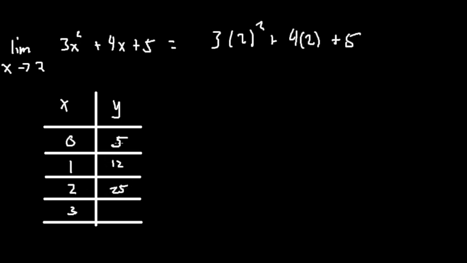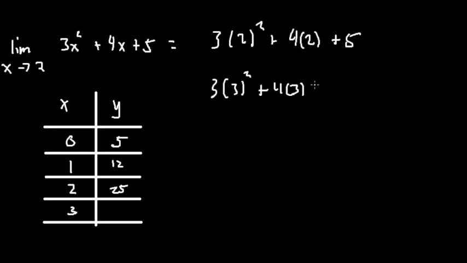Now, last, it's 3. So 3 times 3 squared plus 4 times 3 plus 5.